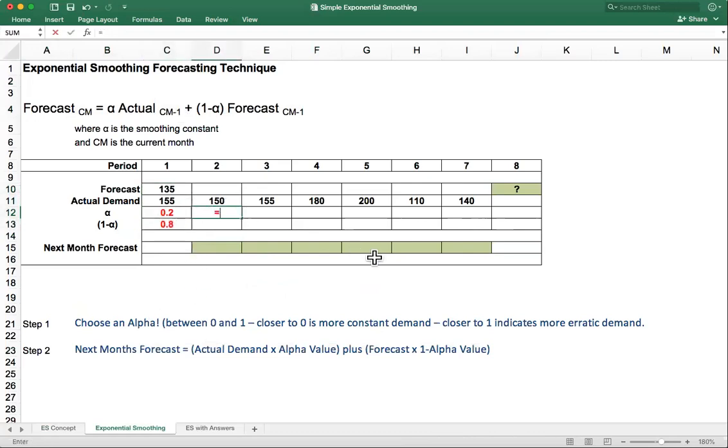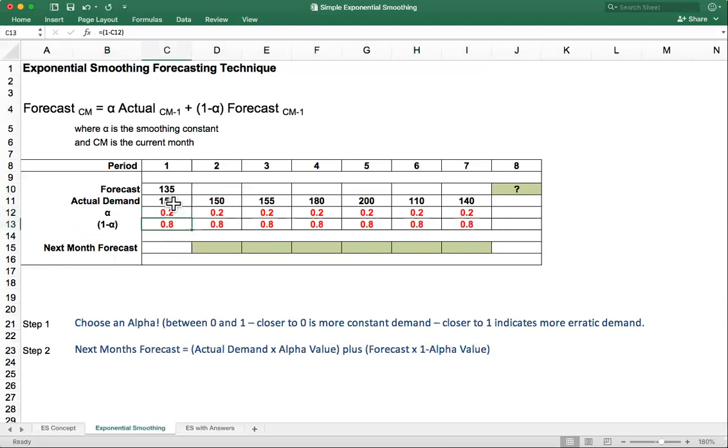And for simplicity's sake, I'm going to keep the same alpha all the way across. I may adjust that over time if I feel that something is going, but for this illustration, I'll keep it constant, which means as I copy this over, my 1 minus my alpha is going to be the same. Okay, so the only decision I had to make here was what is my alpha, how confident I am. Again, 0.2, pretty confident. It's probably not going to be that erratic. So 1 minus my alpha is 0.8.